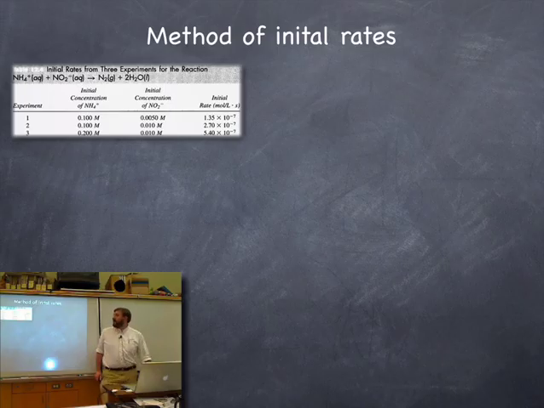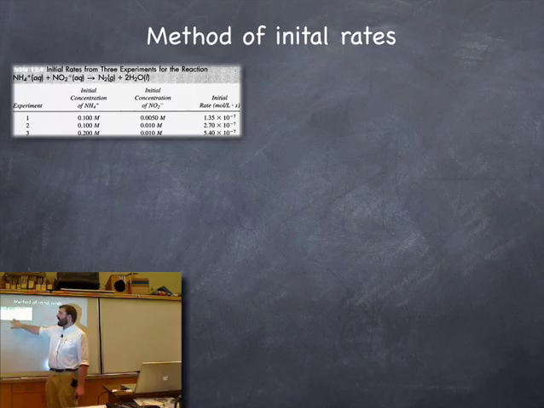So, here is our experimental data. Okay? The girls conducted 3 trials based on the reaction of ammonium with the nitrite ion to produce nitrogen gas and water vapor.